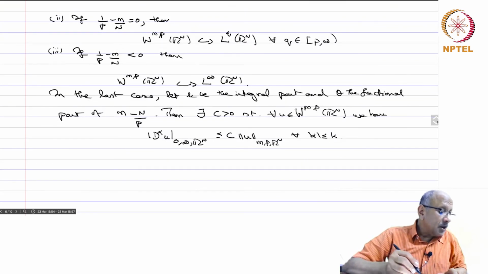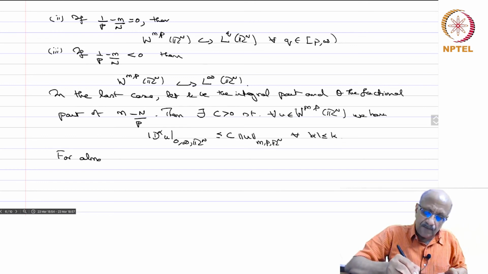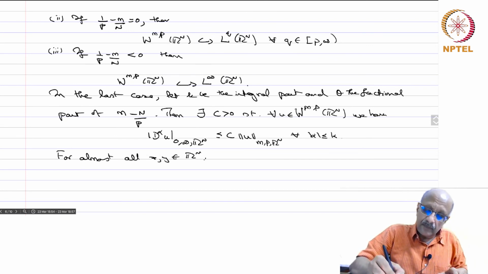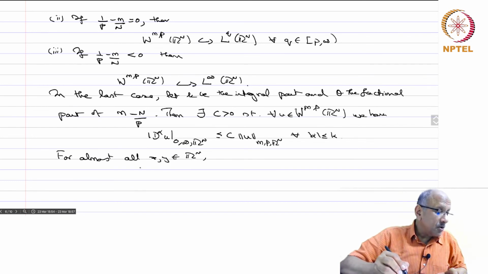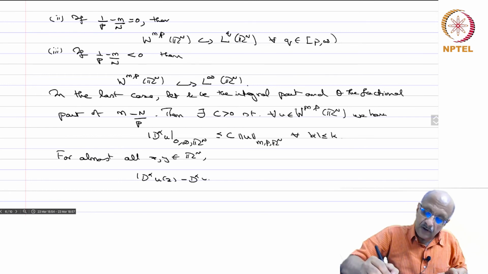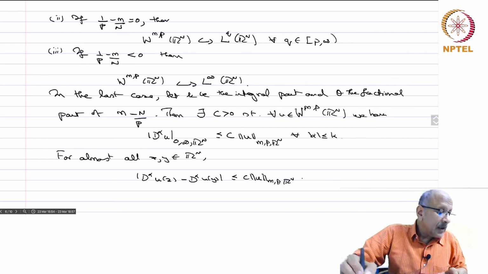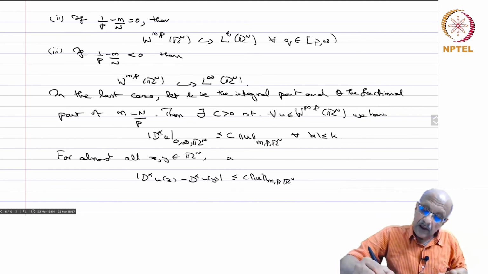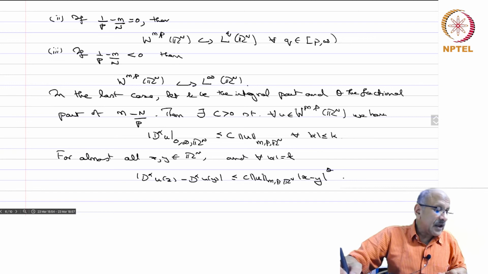They are just bounded. Now, about the Holder continuity, for almost all x, y in Rn, you have |D^alpha u(x) minus D^alpha u(y)| is less than or equal to C times the norm of u in W^{m,p}(Rn) times |x - y|^theta, for all |alpha| equal to k, where theta is the fractional part.